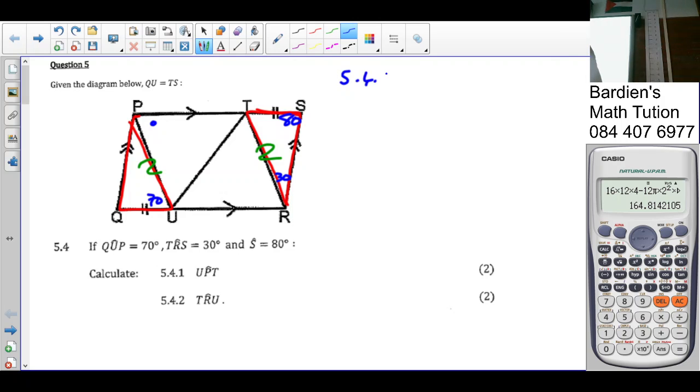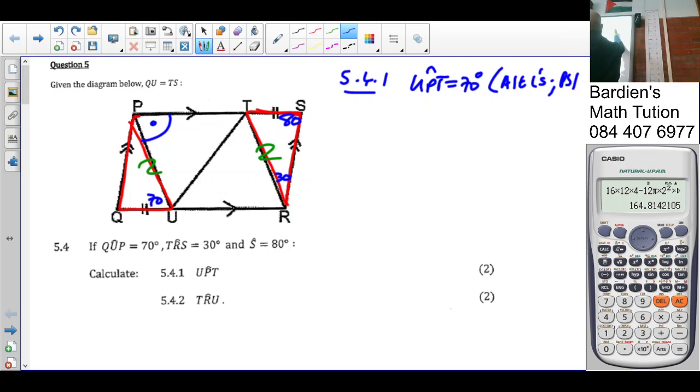What is the angle of UPT? What's the size of this angle? 70 degrees. Why? It's alternate angles, with PS being parallel to QR, or UR, or RU, or RQ. The same. You all okay with that? So that's 70 degrees.